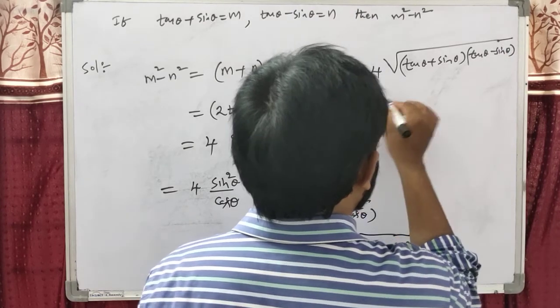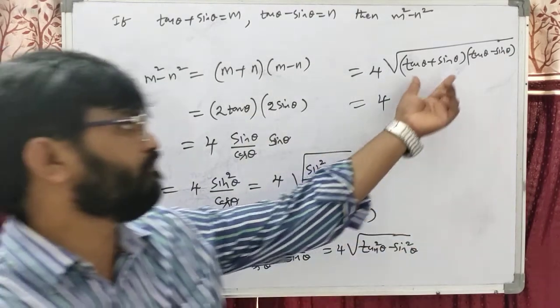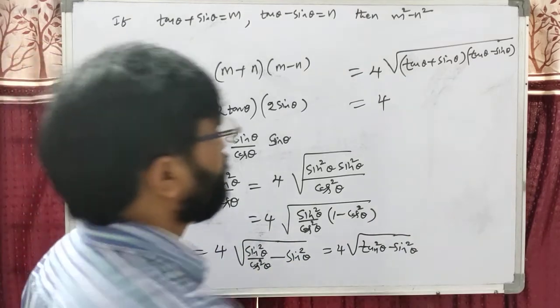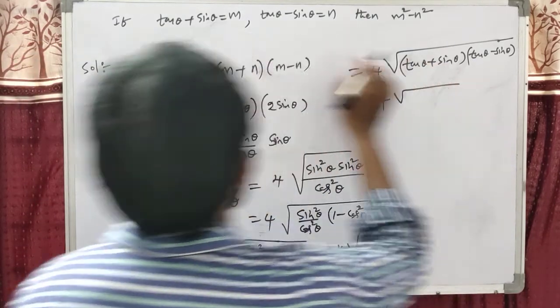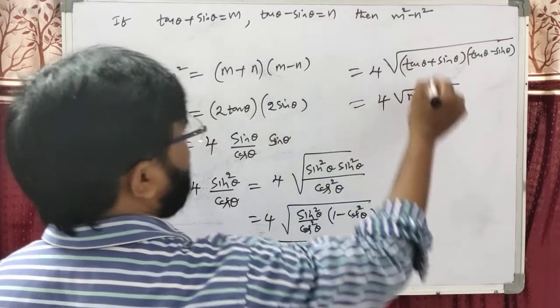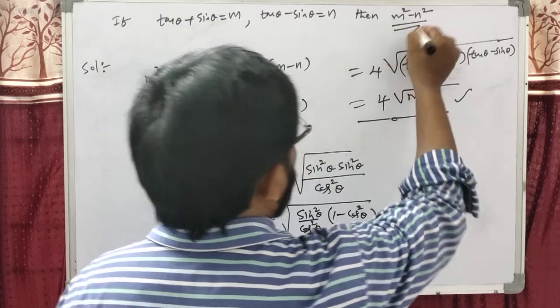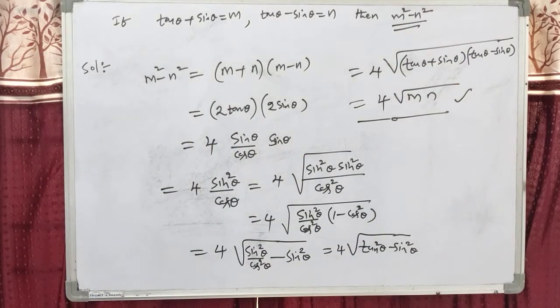Dear students, what is it? A square minus b square is a plus b into a minus b. That is, students, tan theta plus sin theta is m, and tan theta minus sin theta is n. We can write simply the value of m square minus n square is 4 into root of mn. First you can write a plus b into a minus b.